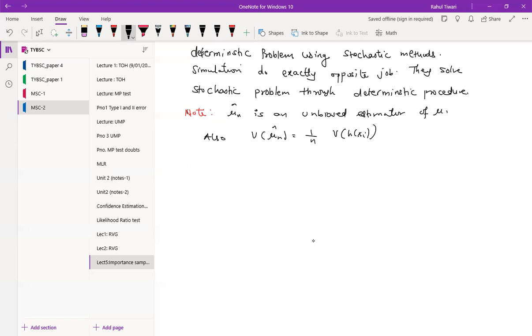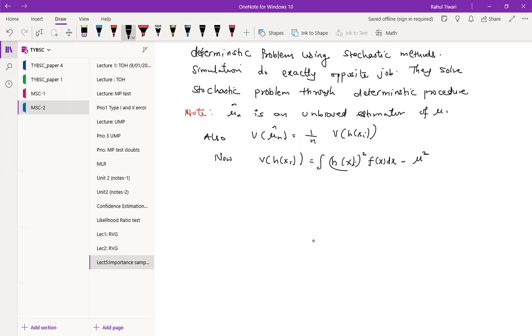Now you know the variance of h of xi is the integration of h of x squared f of x dx minus mu squared.